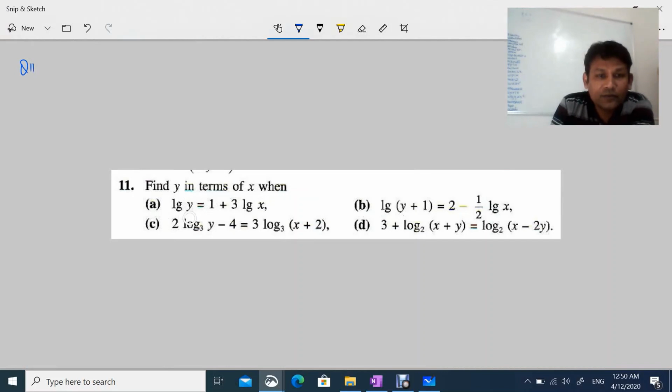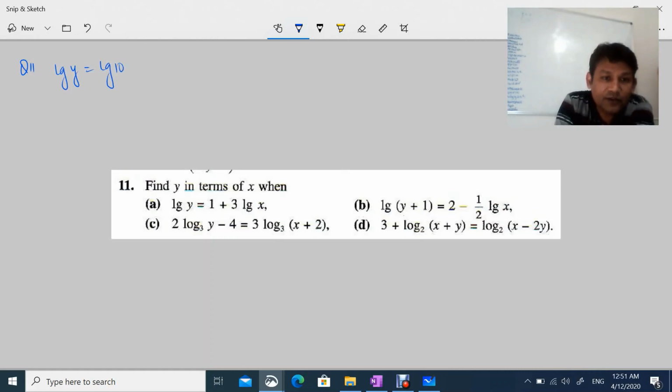What can you do? What's the base here? This base is 10. lg y is equal to, can you make it lg? How can you make lg? lg 10 is 1, so I can write lg 10.